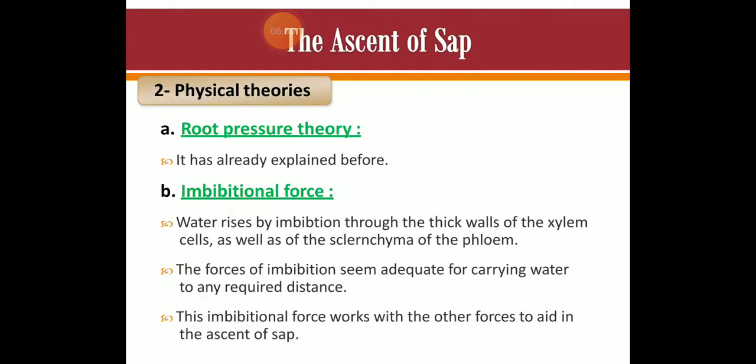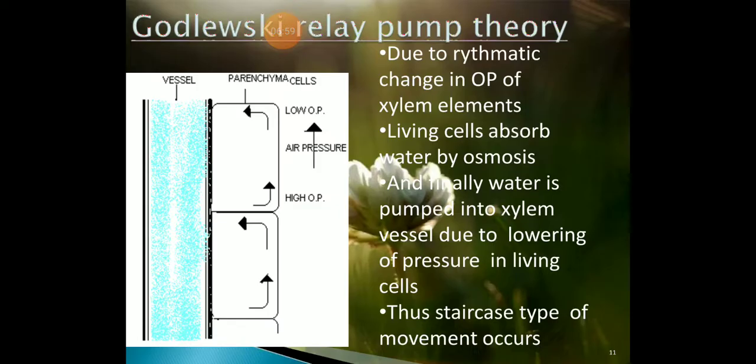The physical force theories are the root pressure theory and the imbibition theory. The first one is a vital theory, the second one is a physical force theory, explained by root pressure theory. Usually the imbibition force, like if you put some seeds in water, they absorb the water and start to imbibe and enlarge.